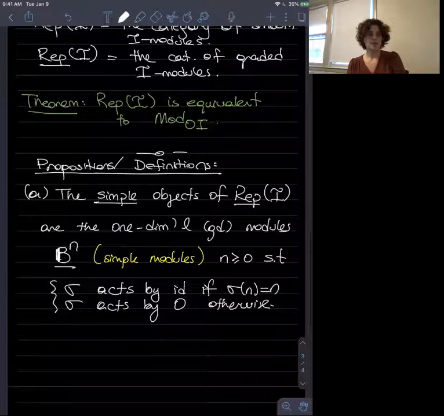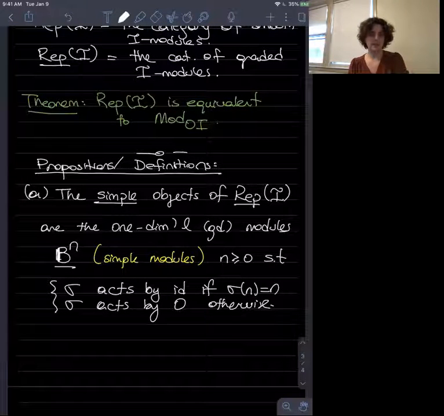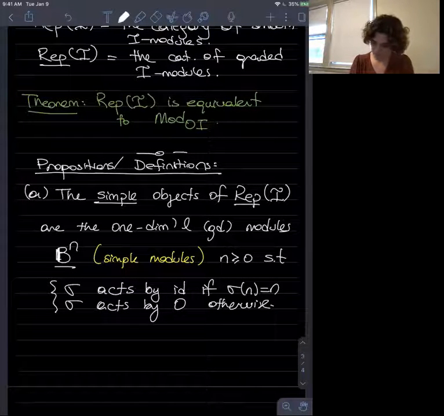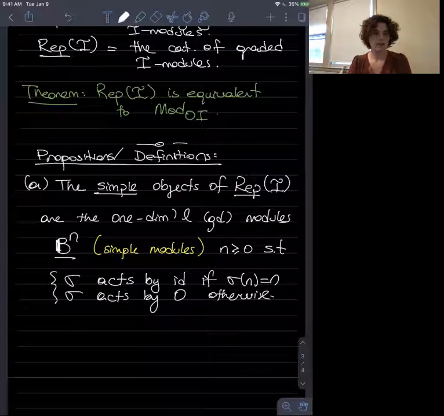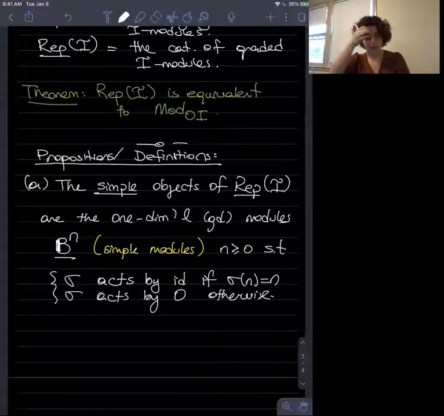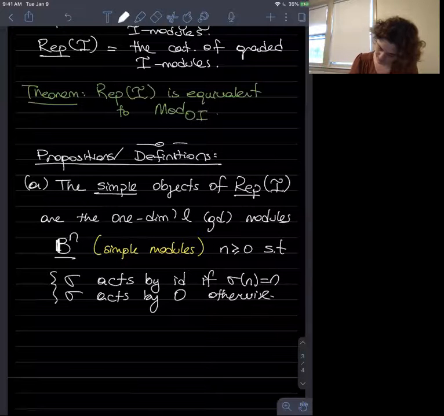Okay? So the simple objects are exactly these ones. Every simple object is going to be isomorphic to one of these one-dimensional monomial modules.